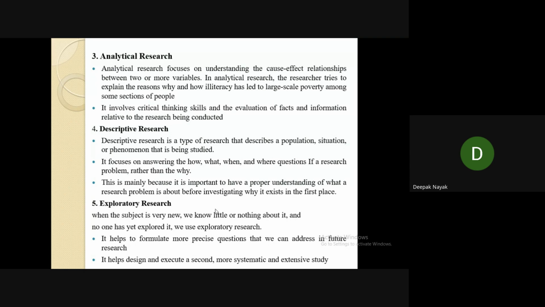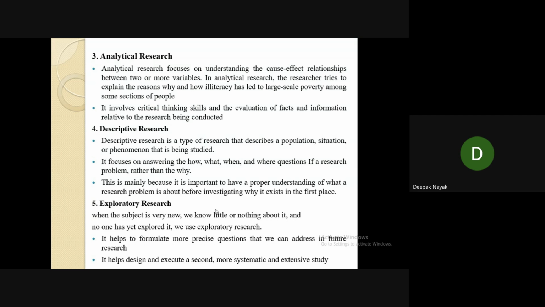You are not changing anything, without any bias, without any change to your findings. You are not very much focusing on why those are happening. This why question is addressed by analytical research or many other kinds of researches that are undertaken.